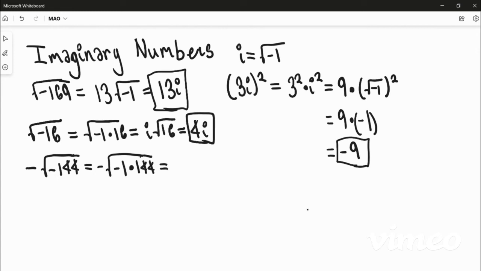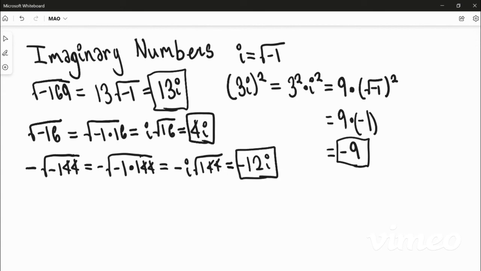And then that negative 1 comes out as I, because that's the square root of negative 1, times the square root of 144. Well, the square root of 144 is 12, so negative 12I.